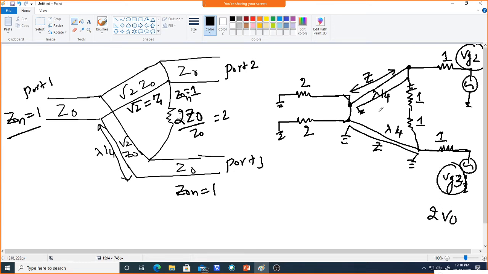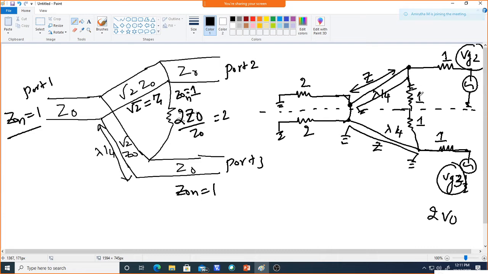Okay, so if you apply the even mode analysis, what will happen is, because of this symmetry, you can divide the circuit exactly in half. If you divide the circuit in half, the upper portion and lower portion will be the same.